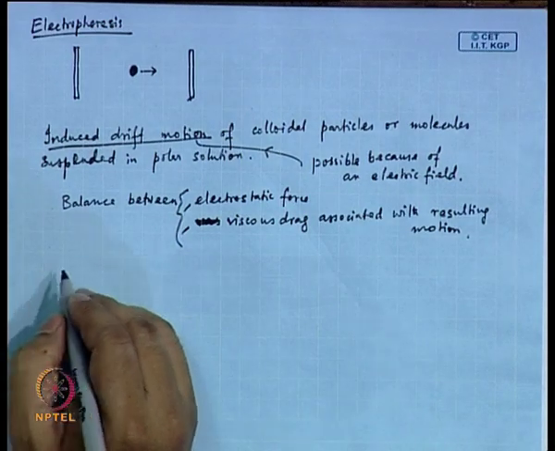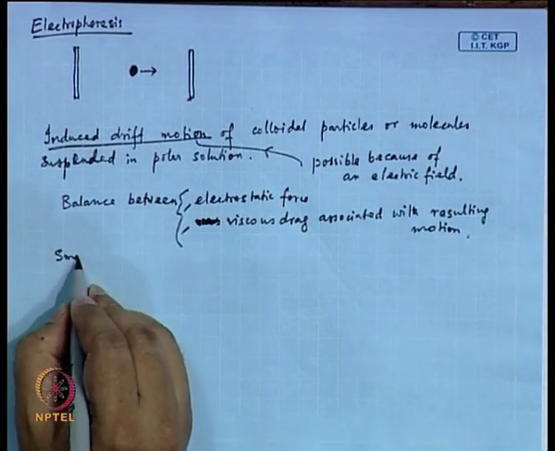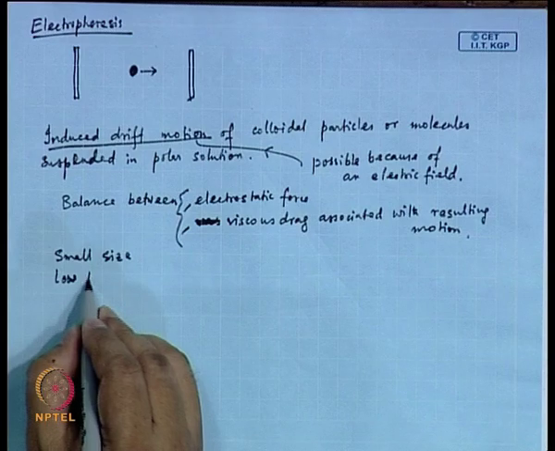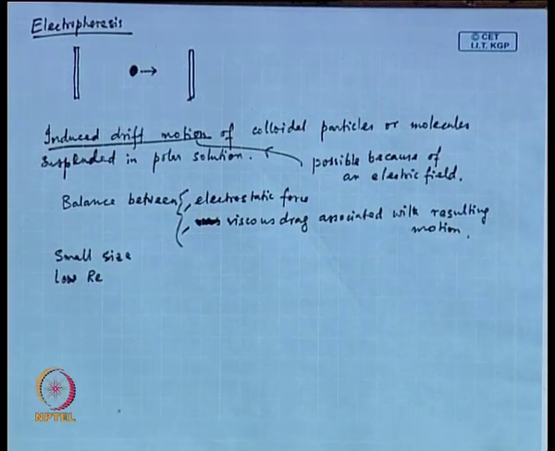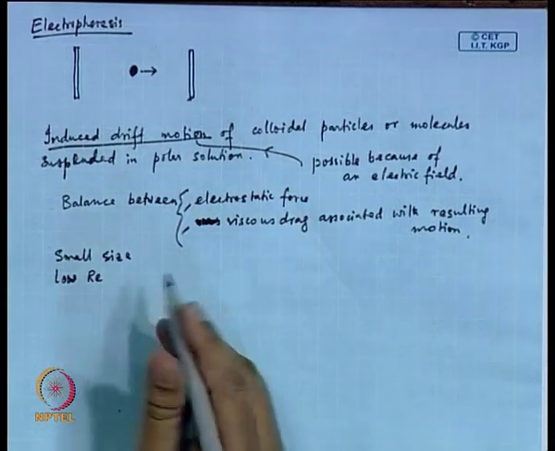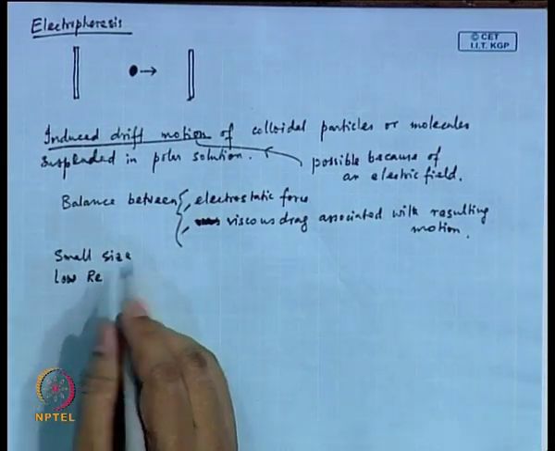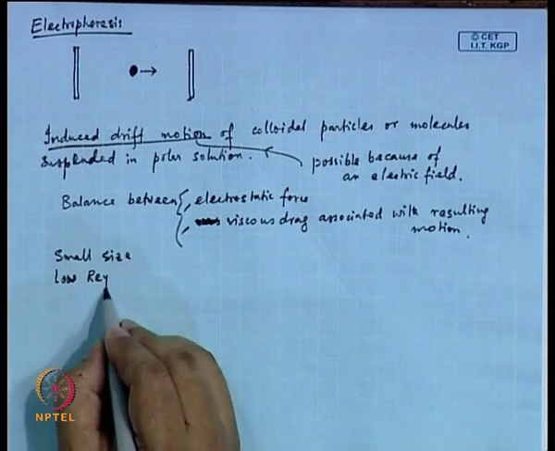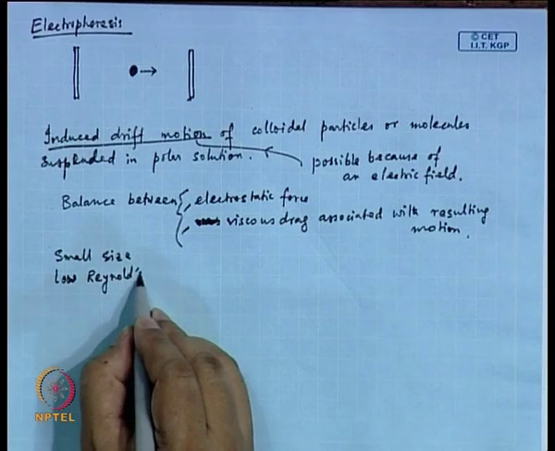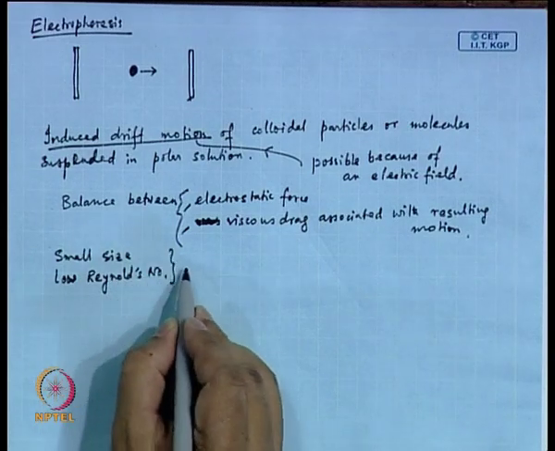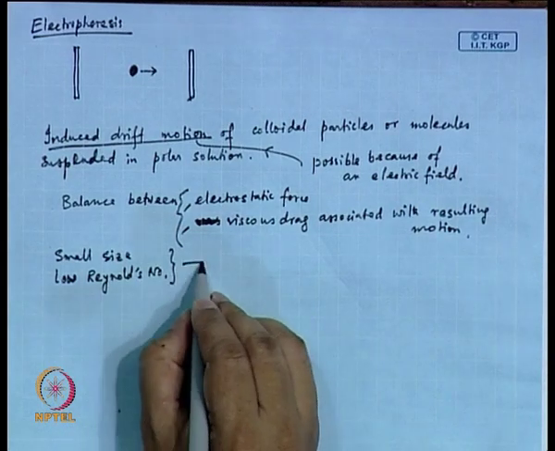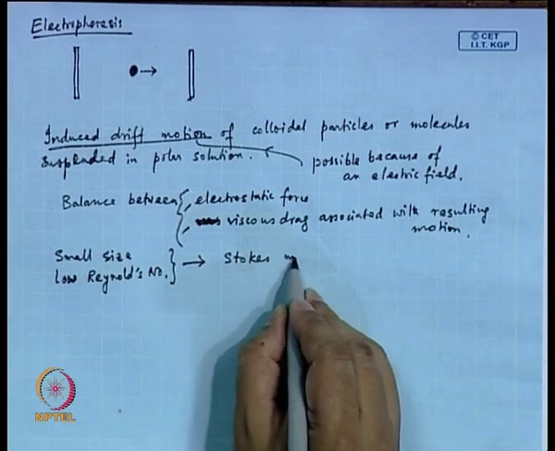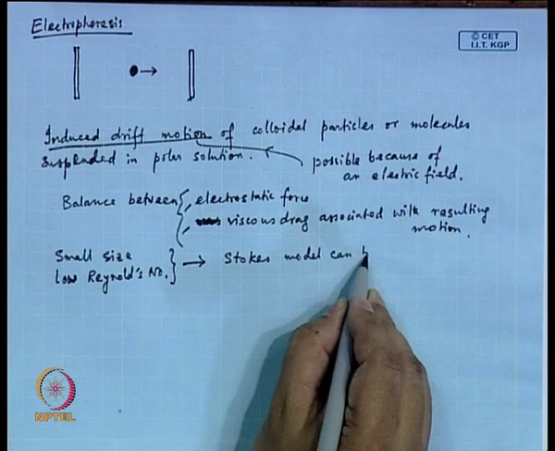Now, because of small size and low Reynolds number, you cannot expect that the particle will be moving like a ballistic item. With small size and low Reynolds number, this means that the Stokes model can be used.